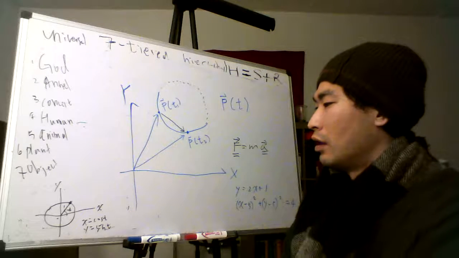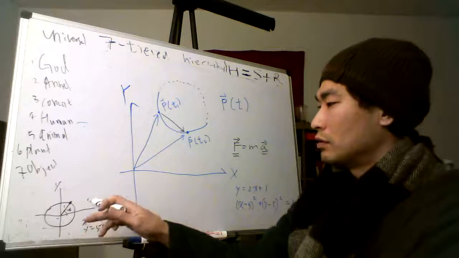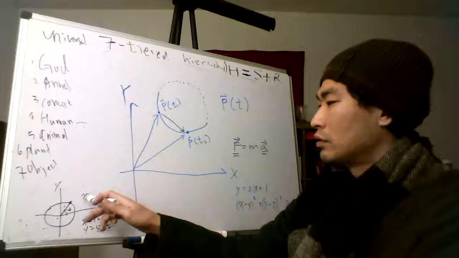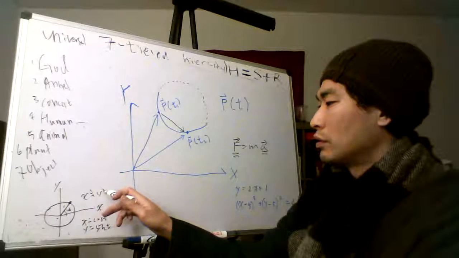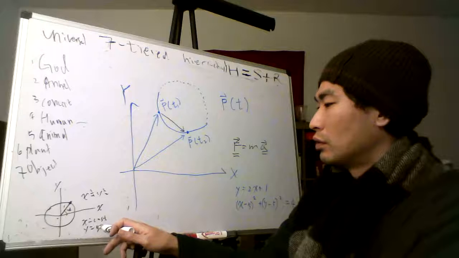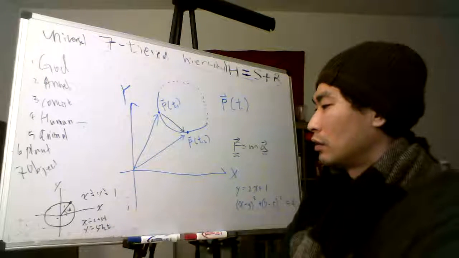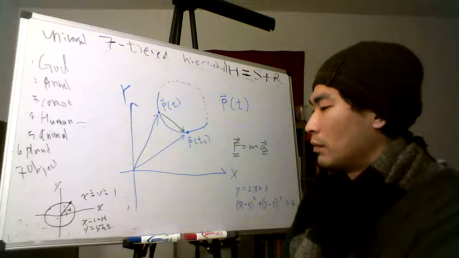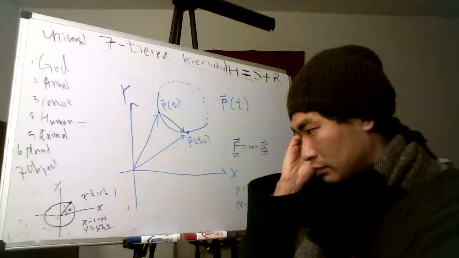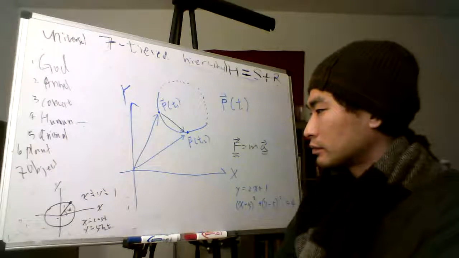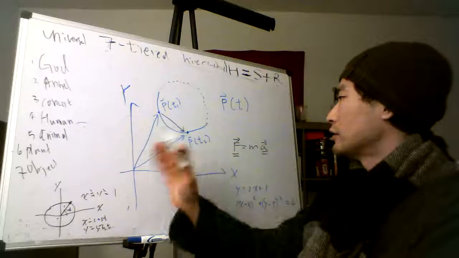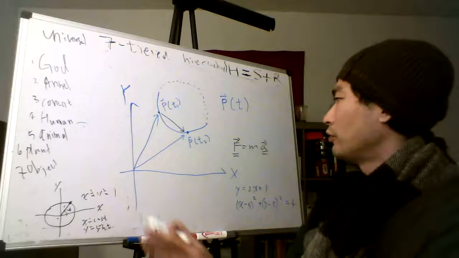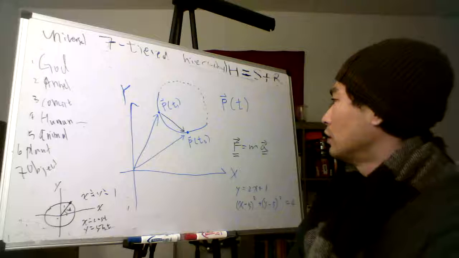All right. What's the equation of this circle? Well, x squared plus y squared equal to 1. As a side, we don't quite need that.